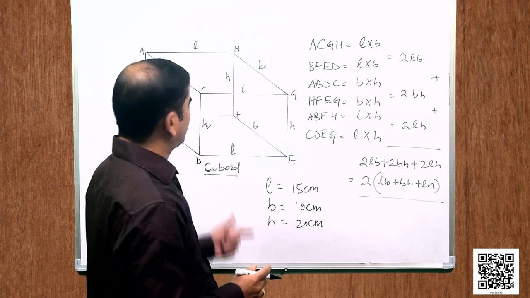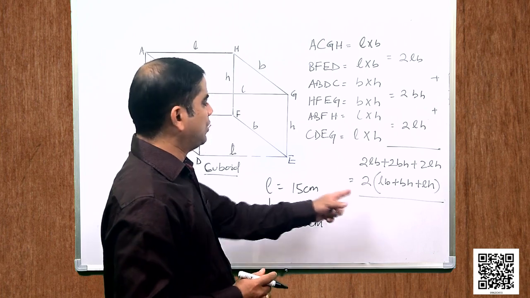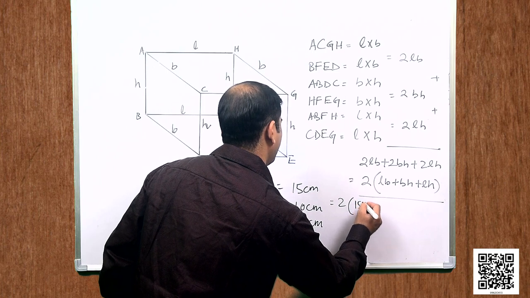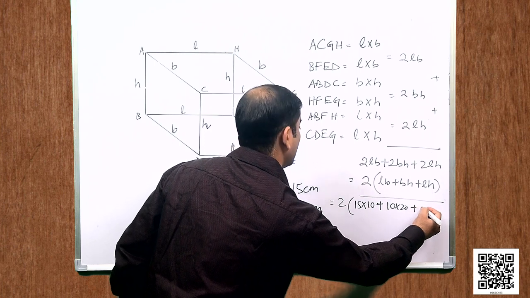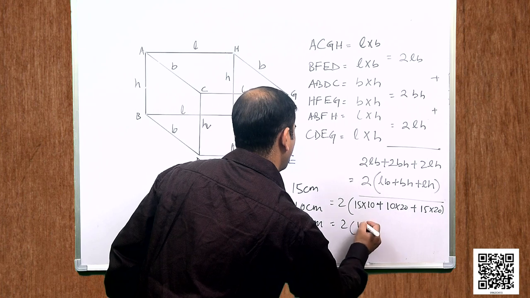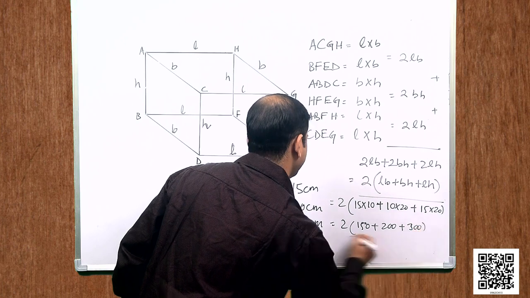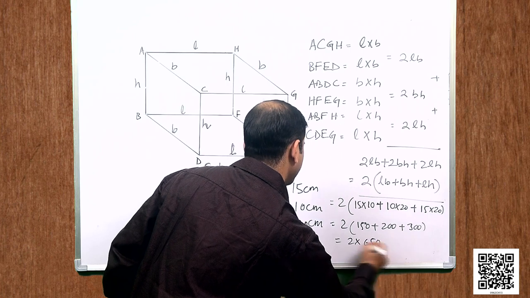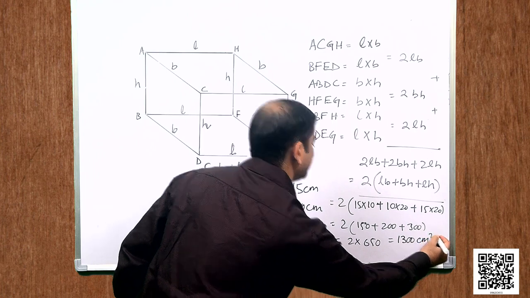Then we can find out the total surface area of the cuboid by using this formula, 2 into LB plus BH plus LH, that is 2 into 15 into 10 plus 10 into 20 plus 15 into 20, that is equal to 150 plus 200 plus 300 or 2 into 650, that gives us 1300 centimeter square.